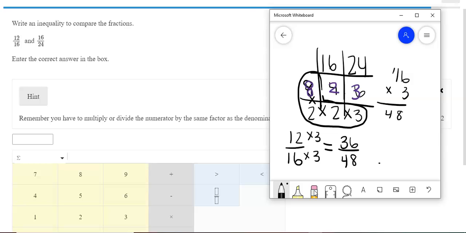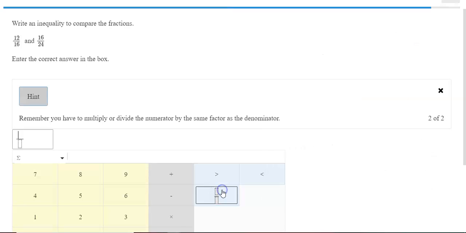Then I have 16 over 24. I'm going to multiply that by 2. If I do that, I get 32 on the top and 48. So 36 is greater than 32. So we have 12 sixteenths is greater than 16 twenty-fourths.